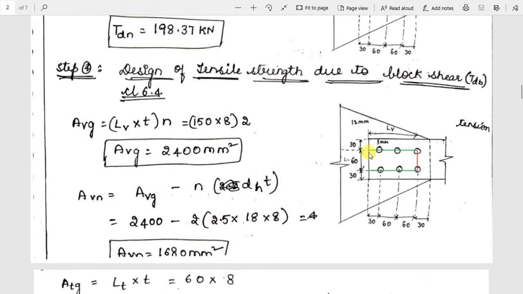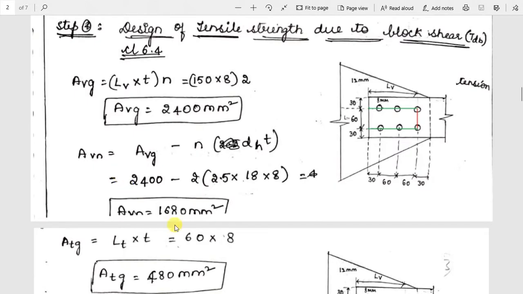I told you that these lines are passing through the center of the bolt holes. So we need to calculate the number of bolt holes participating along each shear plane. That means 1 full bolt hole, 2 full bolt holes and a half. So totally 2.5 bolt holes are participating in each shear line. That's the meaning of 2.5 over here. So Avn will be 1680 mm square. This is how we calculate Avn.